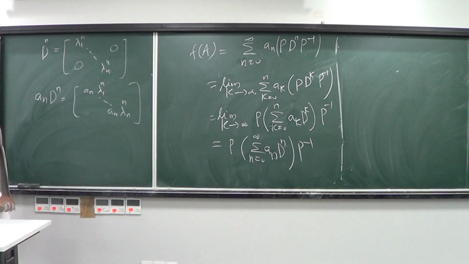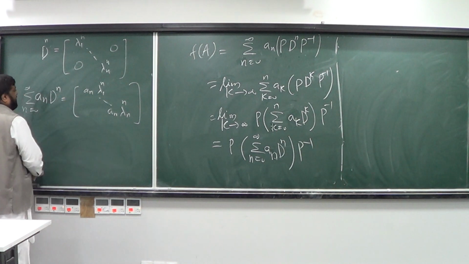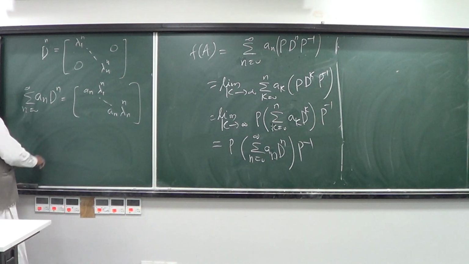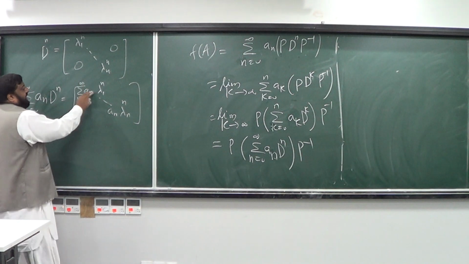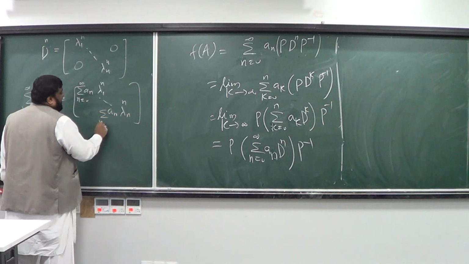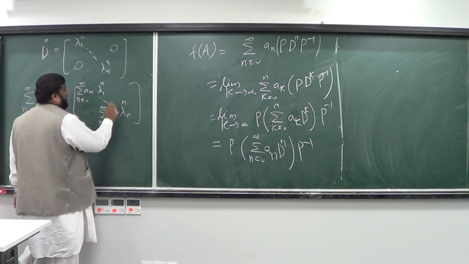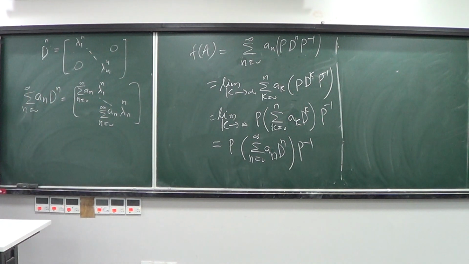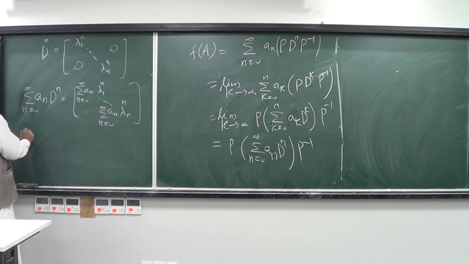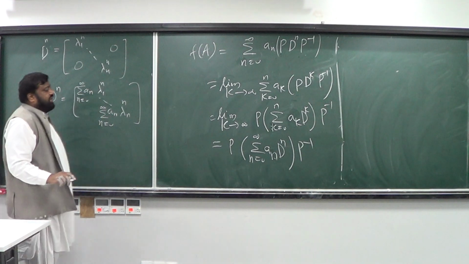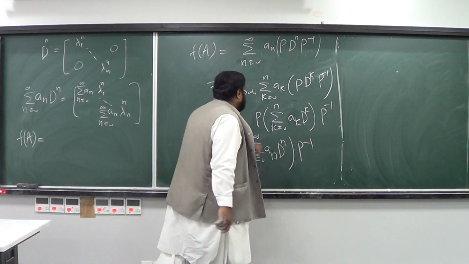Okay. How about taking this sum that goes from 0 to infinity? What would be the meaning of taking this sum? The meaning is: sum from 0 to infinity of a_n lambda_1 to the power n, and sum n equal to 0 to infinity of a_n lambda_n to the power n. Okay, this is what you're going to get. So now, what is f of A? The f of A is P, this sum, multiplied by P inverse.